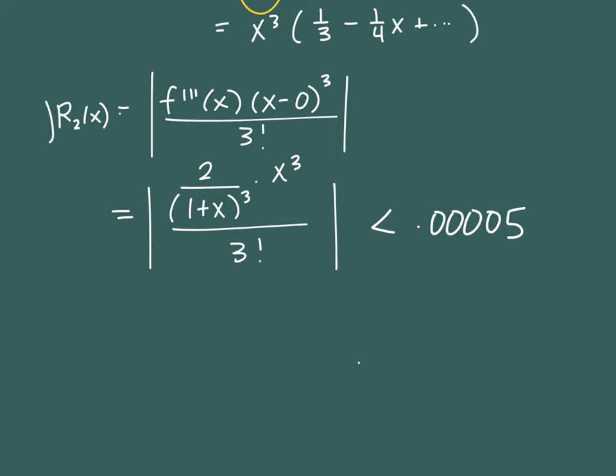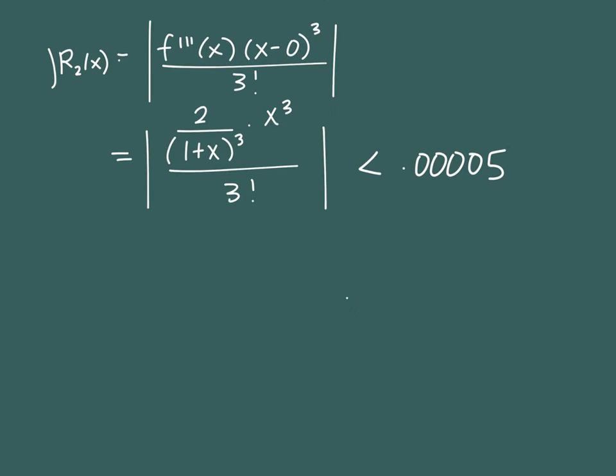So then you would solve that. Okay, I can simplify that. This would be 2x to the third over 1 plus x quantity to the third, and then 6, which means I could reduce that.